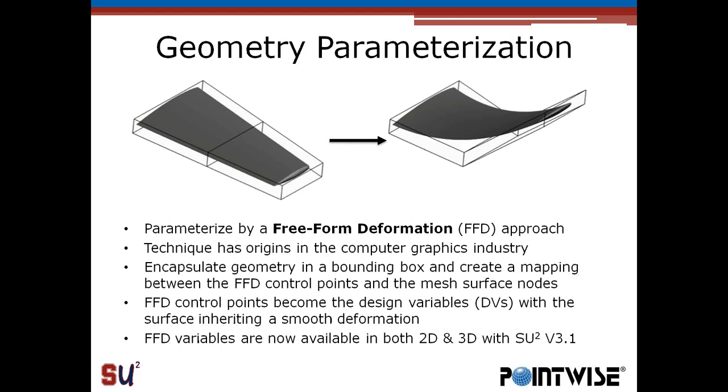So first, let's talk a little more about geometry parameterization. As Travis showed you earlier in the demo, we're going to use freeform deformation boxes to change the shape of our surface. This has origins in the computer graphics industry.